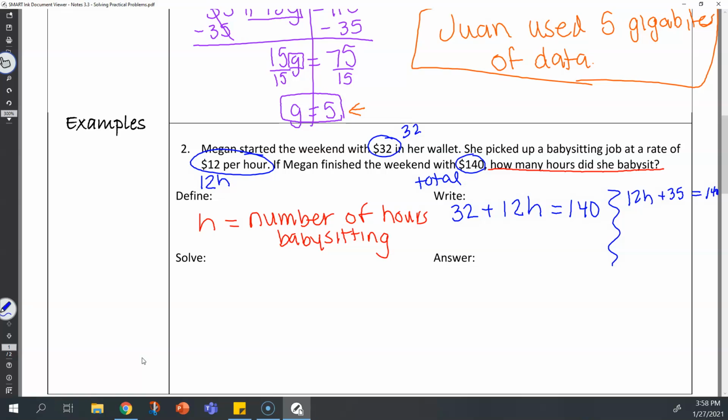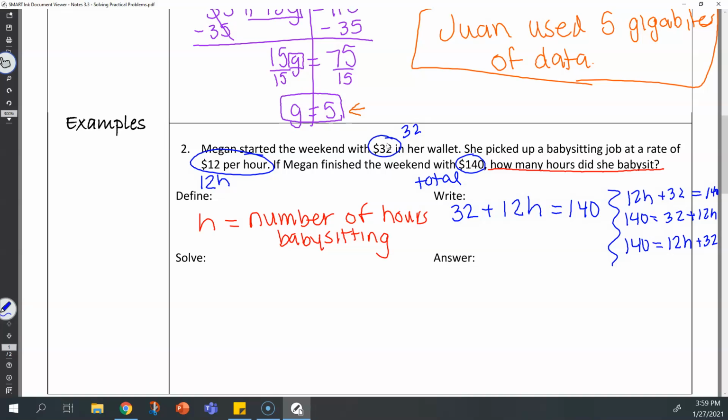You might do 140, your total, first, and then the $32, and then the $12 per hour she made babysitting. Or maybe you're going to do 140 first equals, and then your $12 an hour, and then your $32 that she already had. Remember, the order of this doesn't matter, but it's important that your total 140 is all by itself, and then your H and your 12 are connected together, $12 per hour.